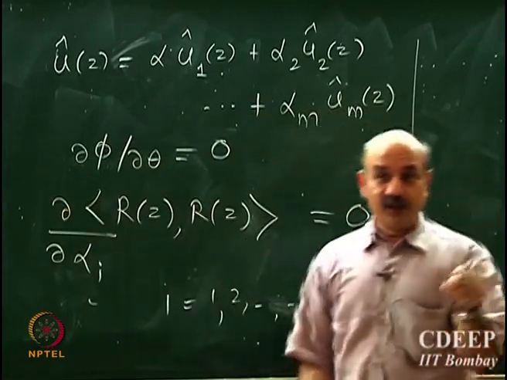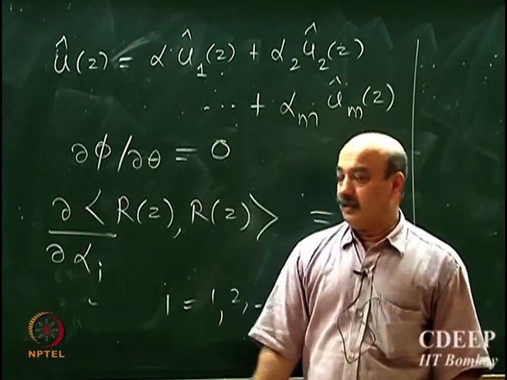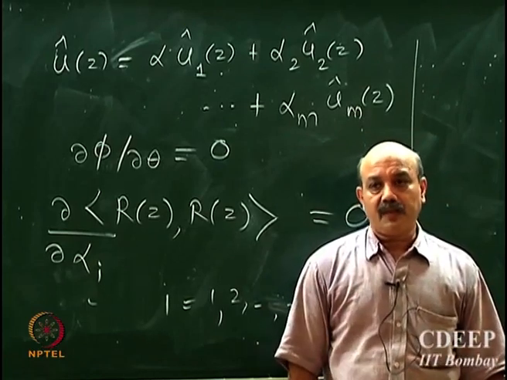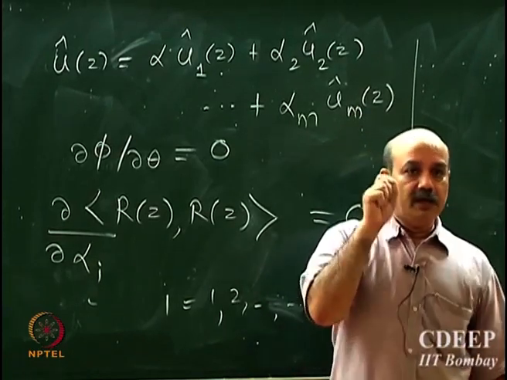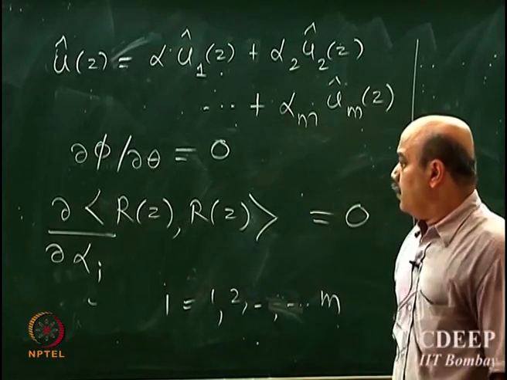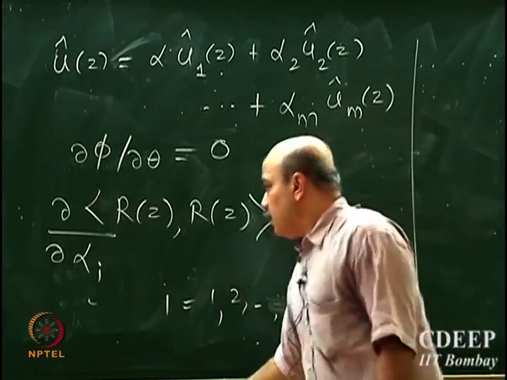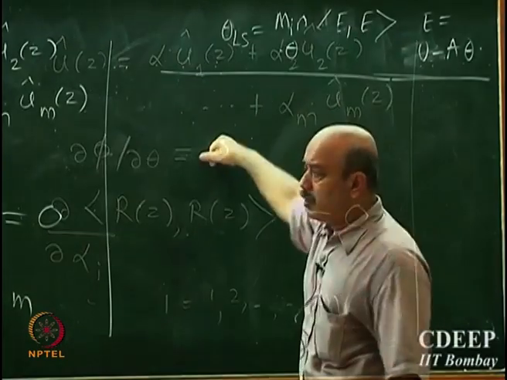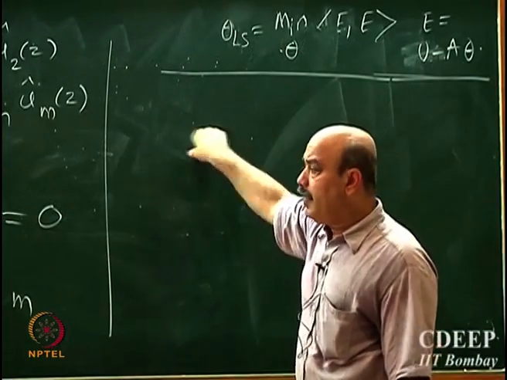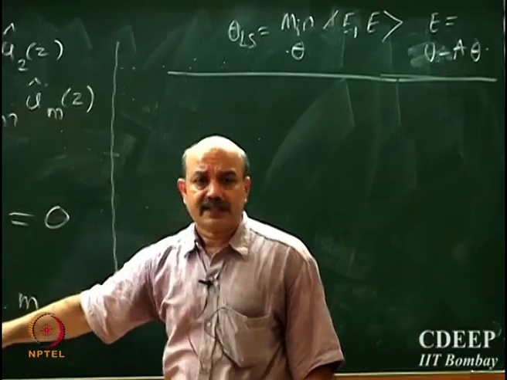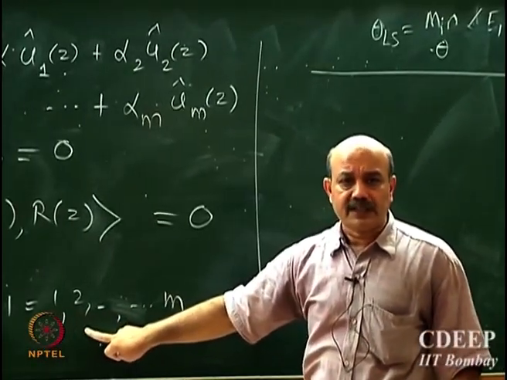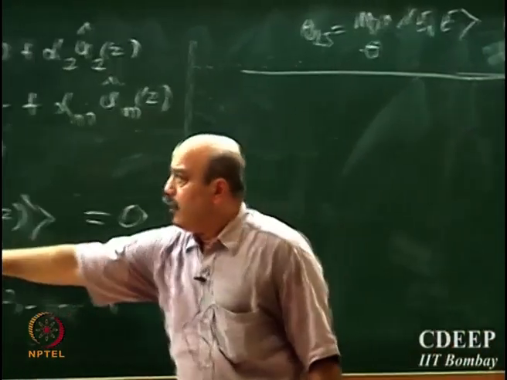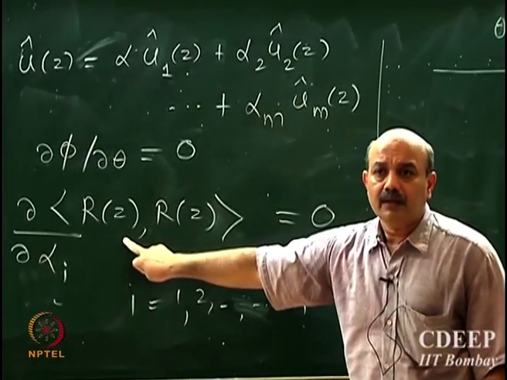There is a difference you can see here between the way I am constructing the solution and the finite difference method or the orthogonal collocation method. Here we are setting this derivative with respect to alpha i equal to 0. If I solve this, what do I expect to get? What is R of z here?